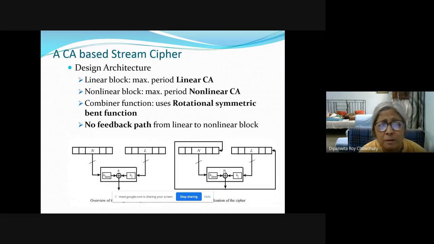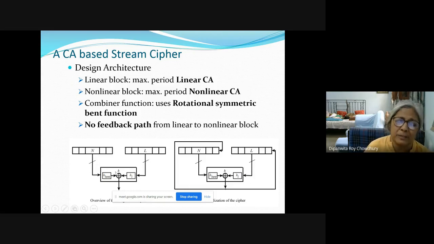This is required, because why I'm telling: now, if we remember the Grain, what was there? See, the structure is why I have told Grain, because Grain is here. It was NFSR, here it was LFSR, and this part was the combiner function or filter function.